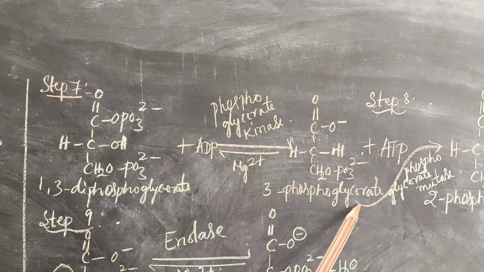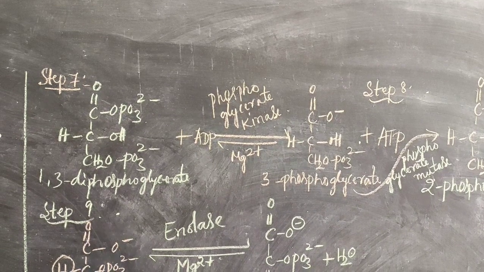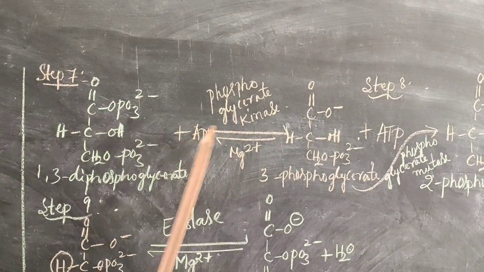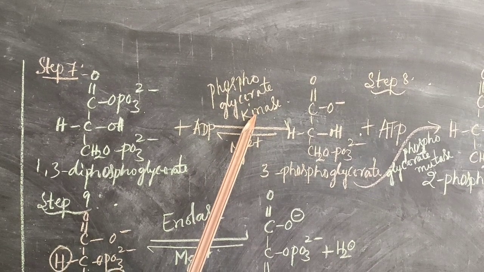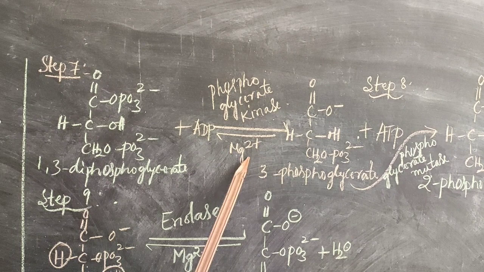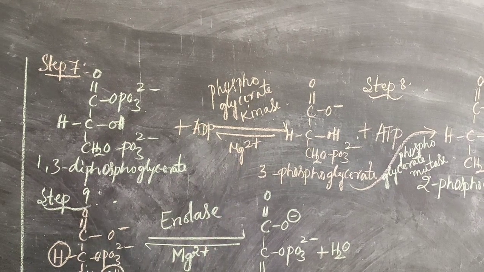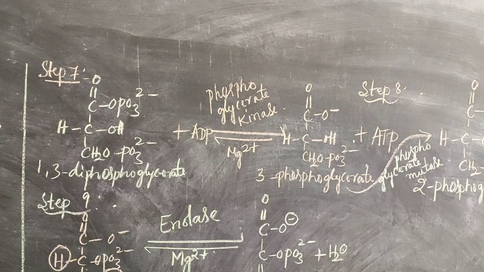This is the step where ATP is generated, with the help of the enzyme phosphoglycerate kinase with Mg2+ as an activator. This reaction is also called substrate level phosphorylation. Then what is substrate level phosphorylation?